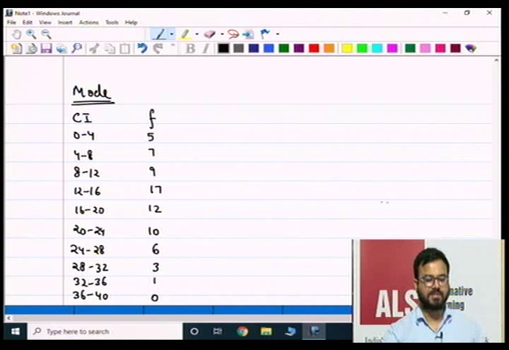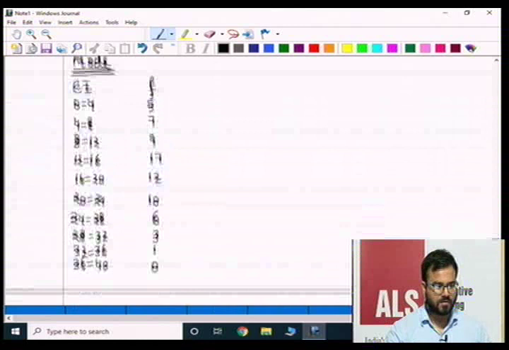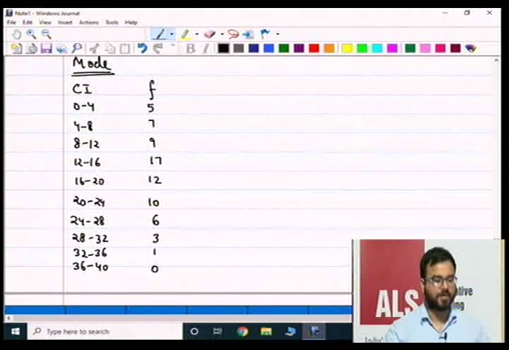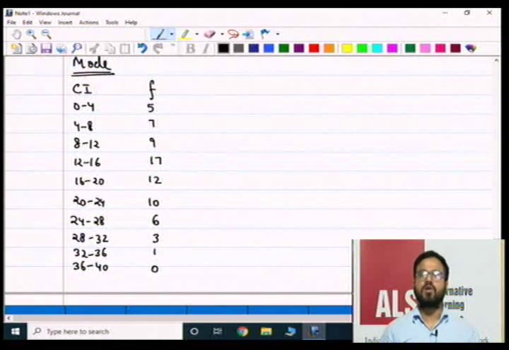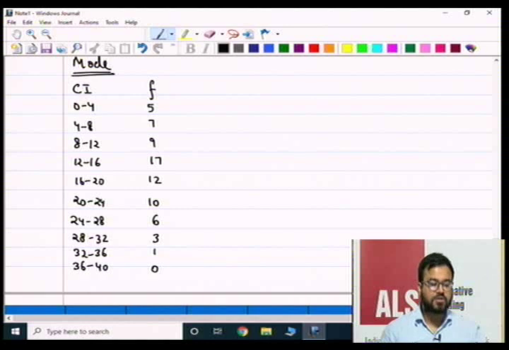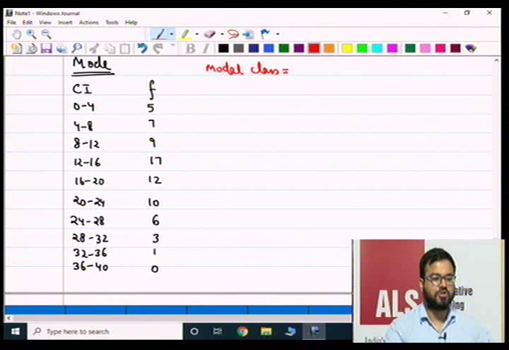These are the corresponding frequencies given. Now we have to think what the mode of this data is. First of all, we have to figure out the modal class. The modal class is that class which has the highest frequency.